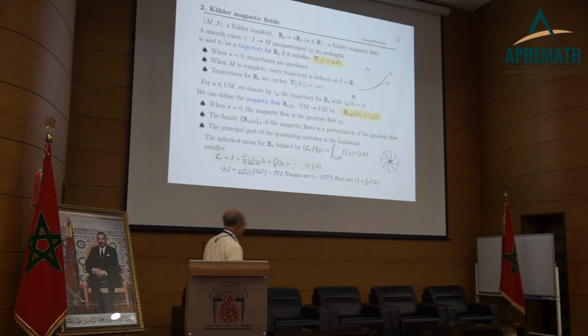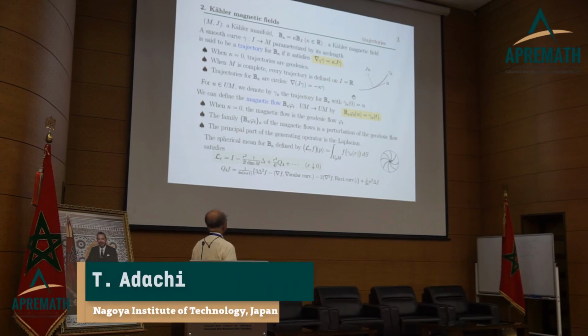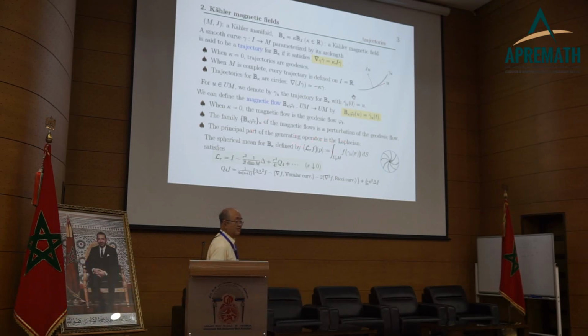But though I use terms of physics, the principal part of the generating operator is the Laplacian, not the Schrödinger operator. For example, we consider a spherical mean, that is, taking the average over the magnetic sphere of trajectory length r. We define this spherical mean.